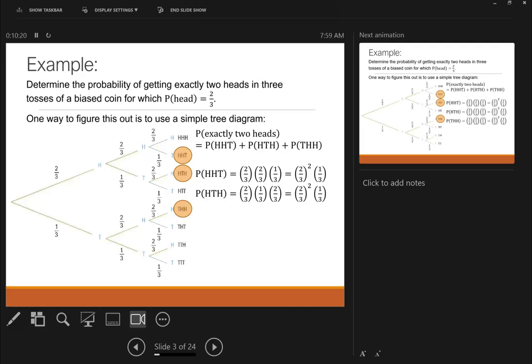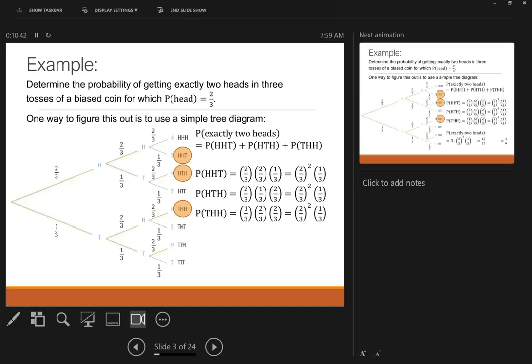If I do the same calculation for heads, tails, heads, I get the same 2/3 squared times 1/3, right? And if I do the same calculation for tails, heads, heads, I get the same 2/3 squared times 1/3. Everybody's okay?